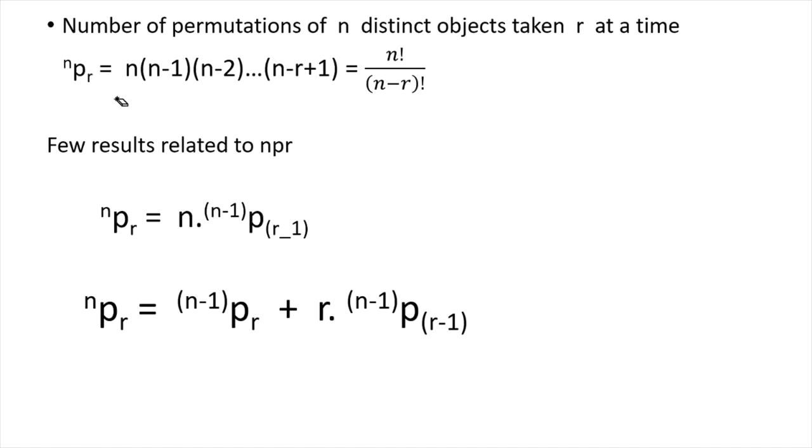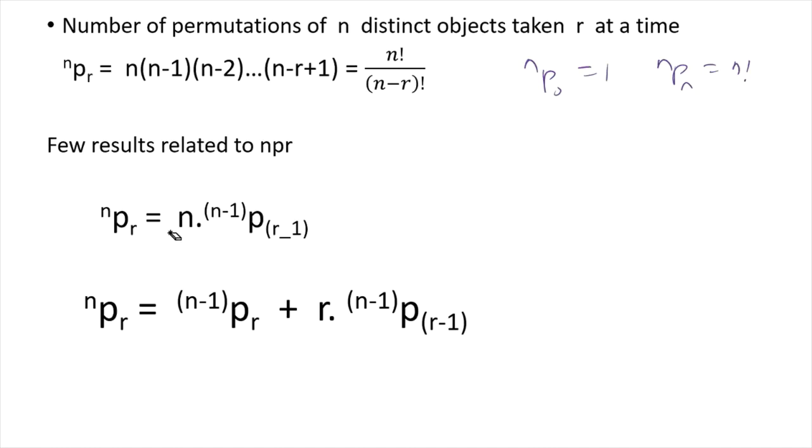So I repeat, nPr is equal to n factorial upon n minus R factorial, where nPr stands for the number of permutations of n distinct objects taken R at a time. By convention we define nP0 to be equal to 1, and nPn turns out to be n factorial.